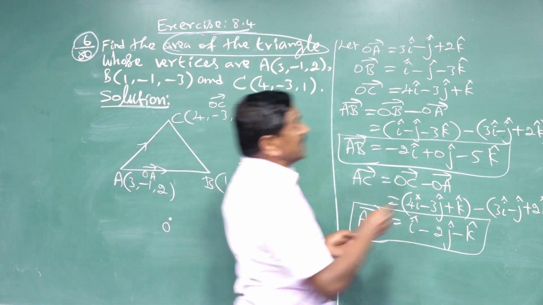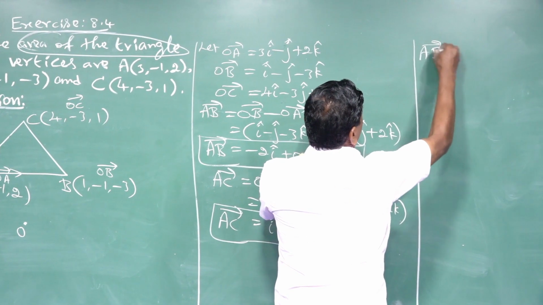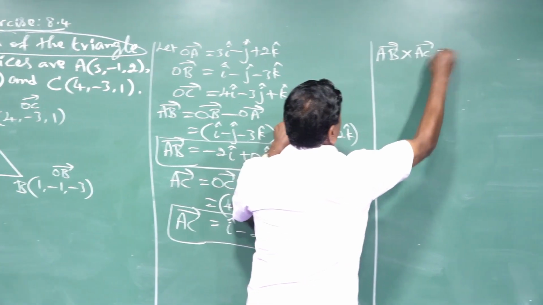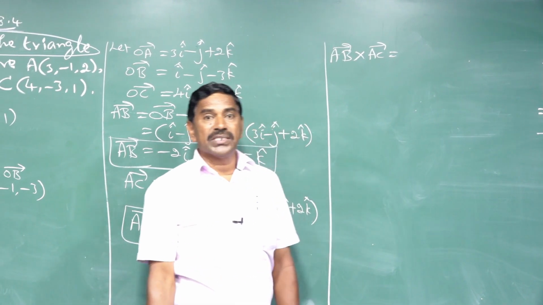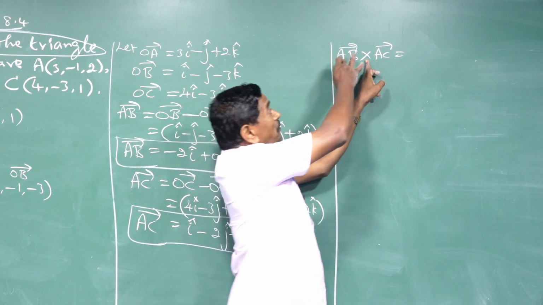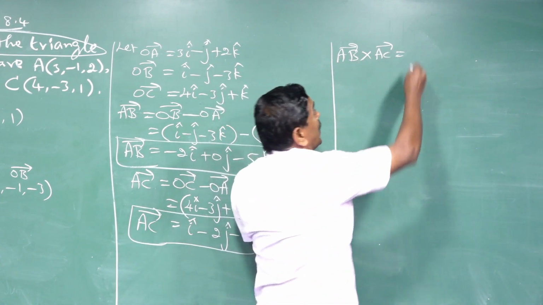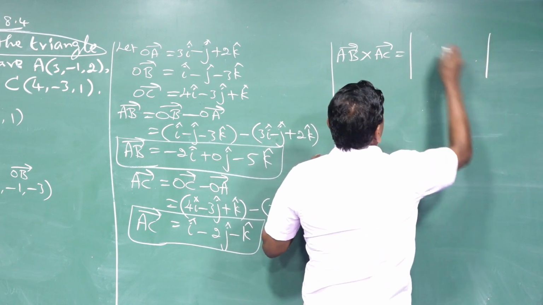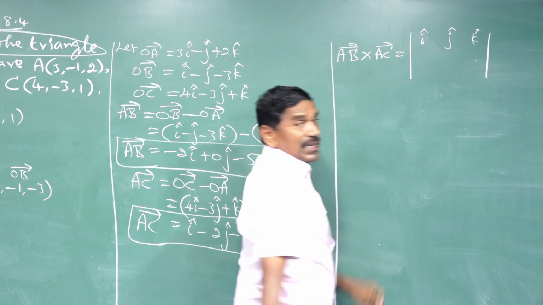So which is the next step? Now listen. If the cross product is defined between two vectors, its result is given by the determinant with i, j, k.